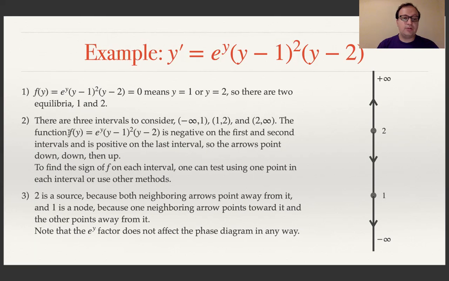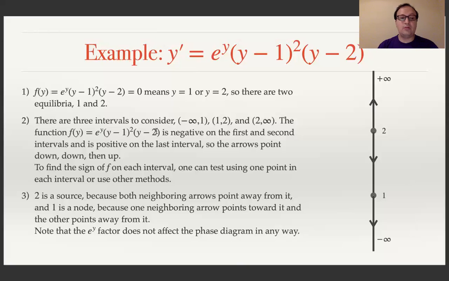For example, on the interval minus infinity to 1, we could give to y the value 0. Then f(0) is e^0 times (0 - 1)^2 times (0 - 2), which ends up being -2, a negative number.